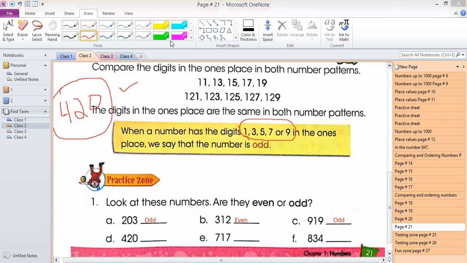How do you know? Because the last digit is 0. Very good. That's why it is an even number. So guys, 420 is an even number. Write even here. This is an even number.